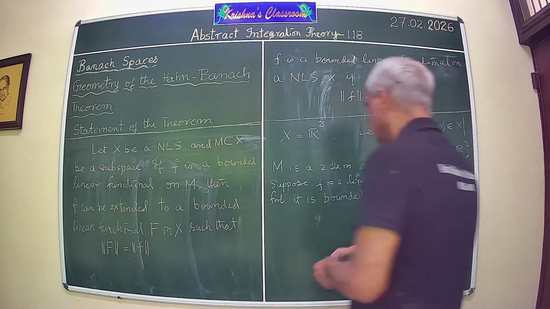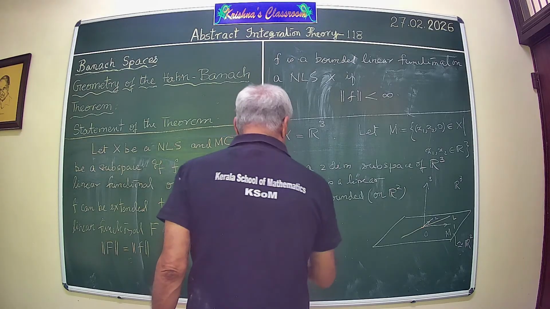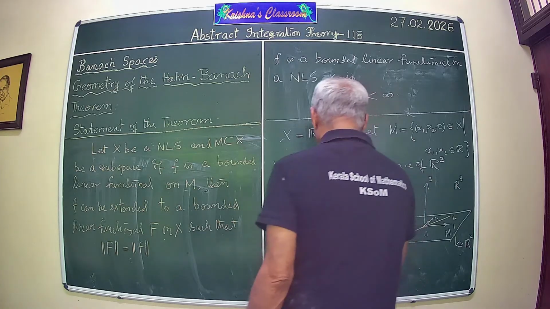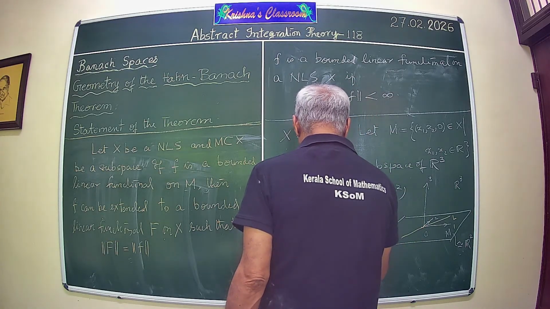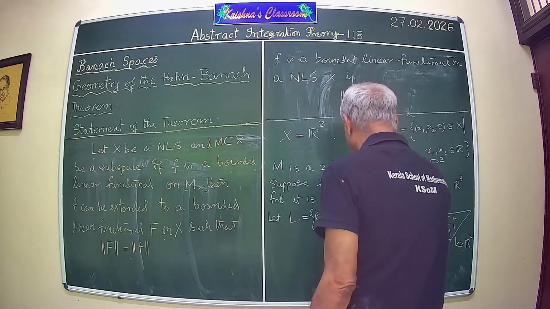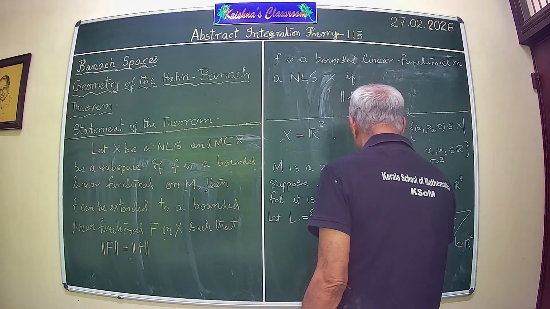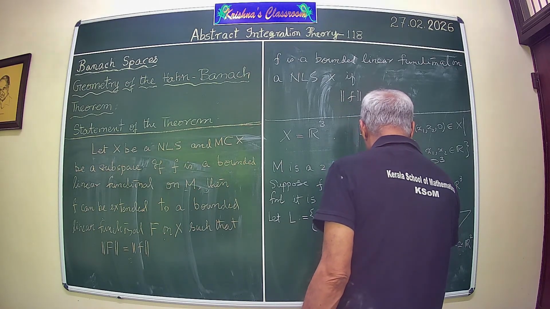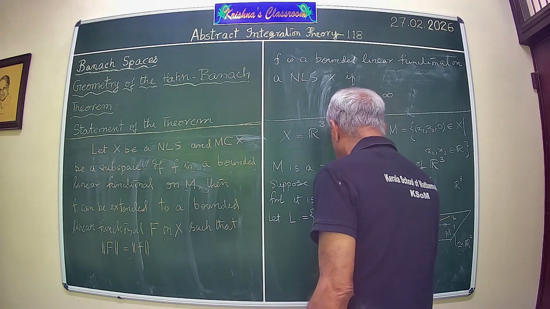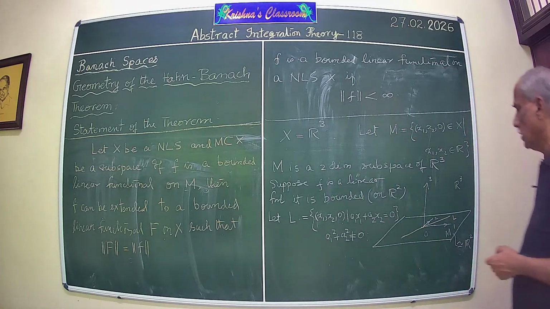This line is all x such that a1 x1 plus a2 x2 equals 0, where of course a1 squared plus a2 squared is not zero, so that this is a non-trivial line passing through the origin.